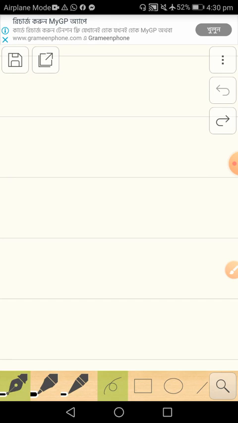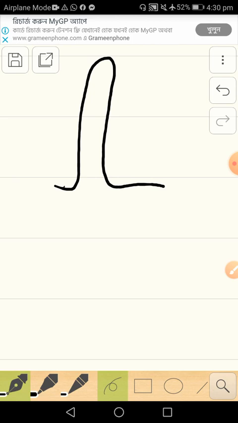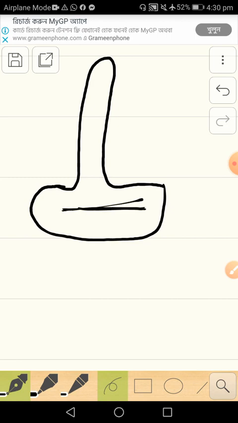So let's say, for example, this is a root here, and this is a root hair cell. This is the root cell of the epidermis.